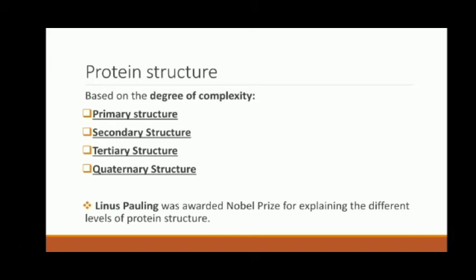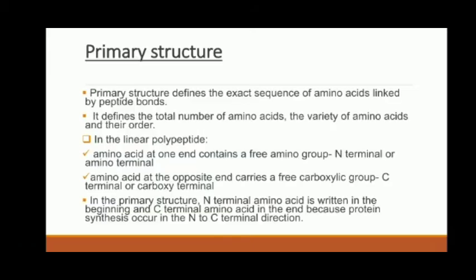Linus Pauling was awarded the Nobel Prize for explaining these different levels of protein structure. And what is primary structure?